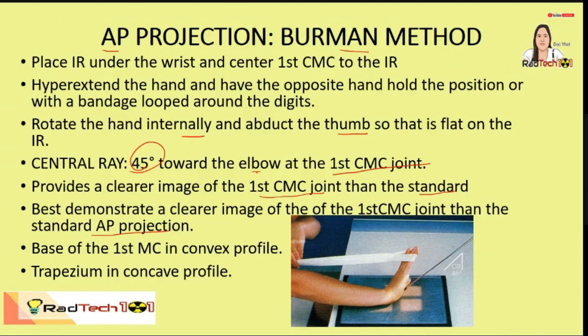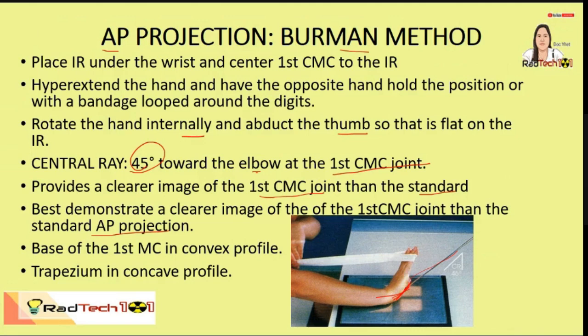So, hyperextend the hand and then rotate it medially para mas mag-AP yung ating thumb. And then yung central ray niya, ito, 45 degrees towards the elbow or proximally. Dito papasok. So, yan kay Burman.